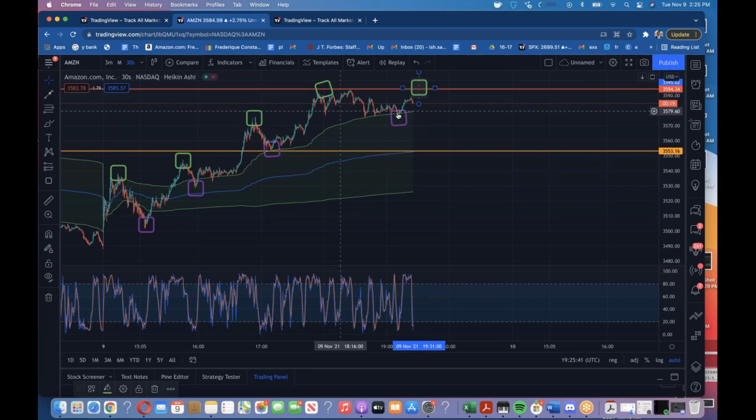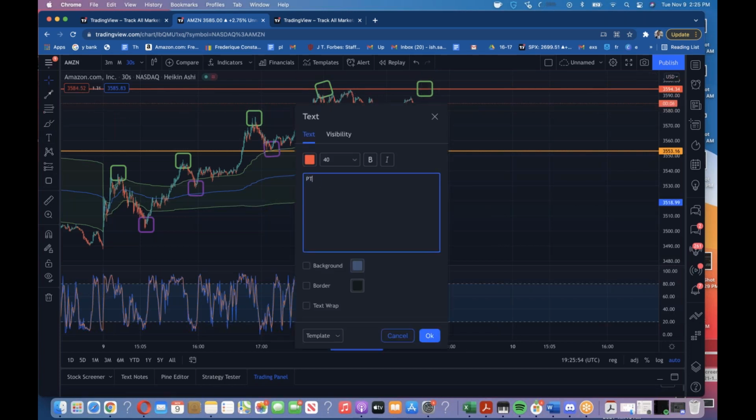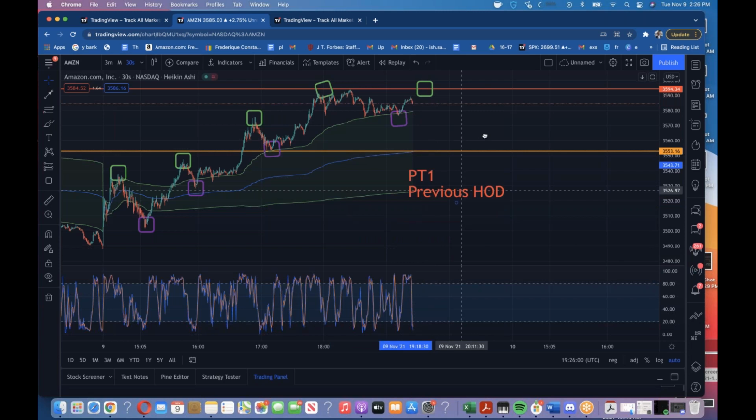So what I like to say is that if we do end up buying the stock, right, and we get in, our first price target, or PT1, is the high of day. And maybe I can write this out for you guys so you can see it. PT1 is previous HOD. Yep. So right here, guys.